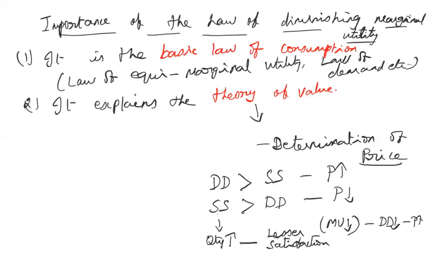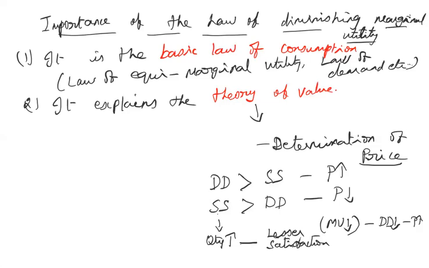And there is another usefulness here. In our example, it is just a hypothetical example I mentioned to you. The consumer keeps on consuming till the stage of negative satisfaction. But in actual practice, he will not go to that level. We have not taken into consideration the price of the commodity, isn't it?